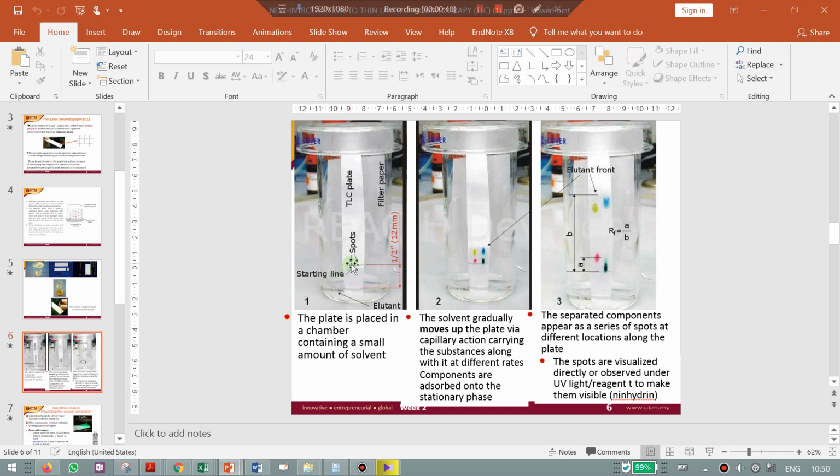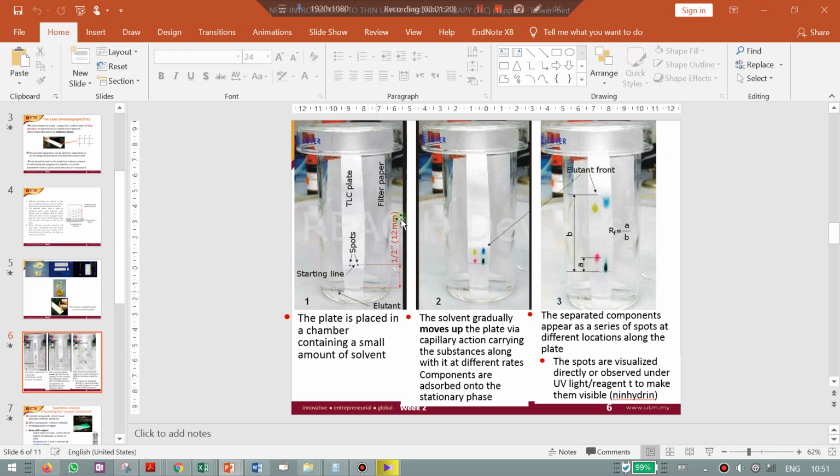Alright, so you put the spot and make sure that the solvent level is lower than your starting line. You don't want your spot to sink into the solvent, it must not sink. And then the top of the chamber must be closed. Why close it? Because we don't want our solvent to evaporate. The solvent we usually use is organic solvent, and organic solvent tends to evaporate.